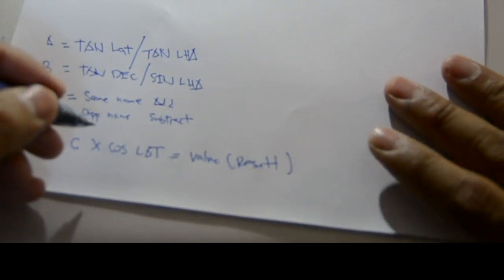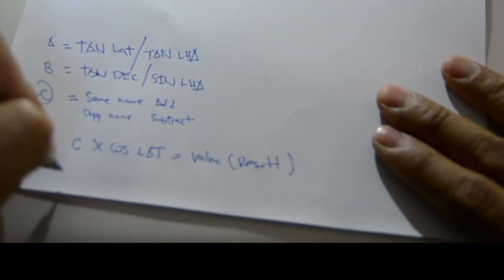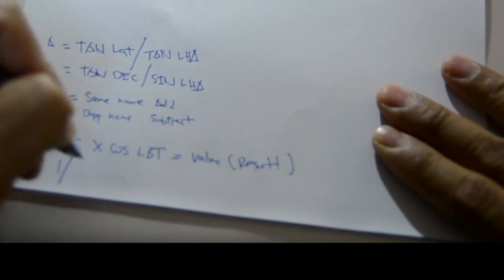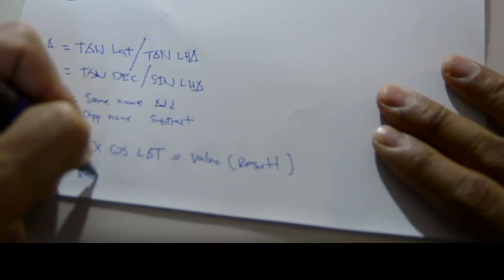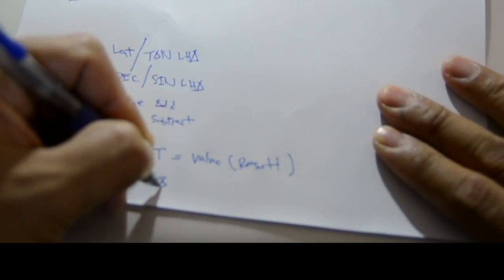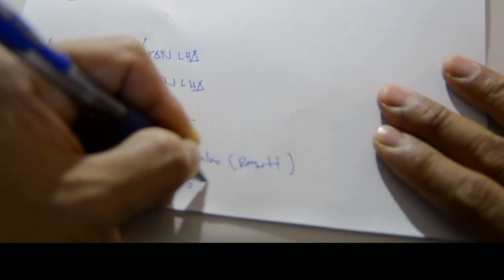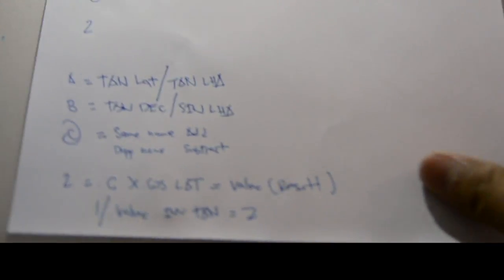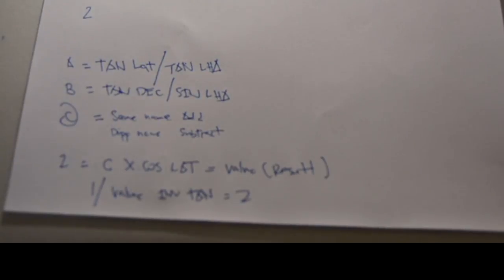Then 1 divided by the value, inverse tangent, equals Z. Okay, so we already have all the formulas.